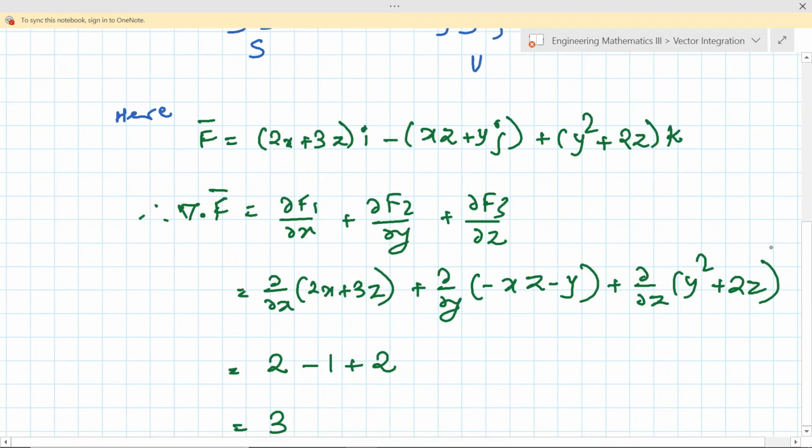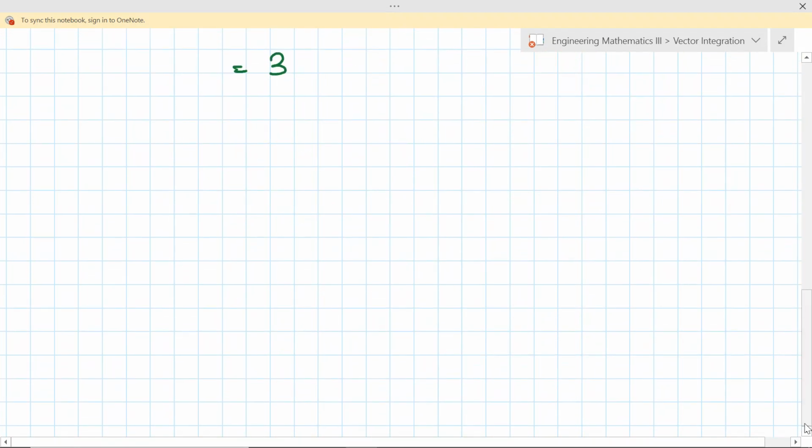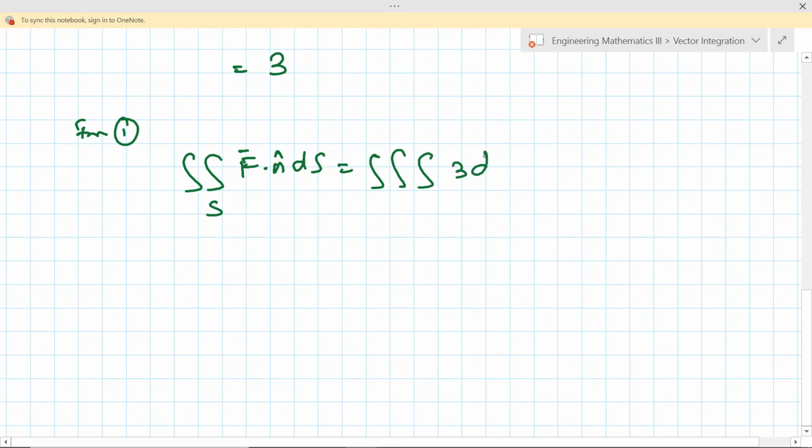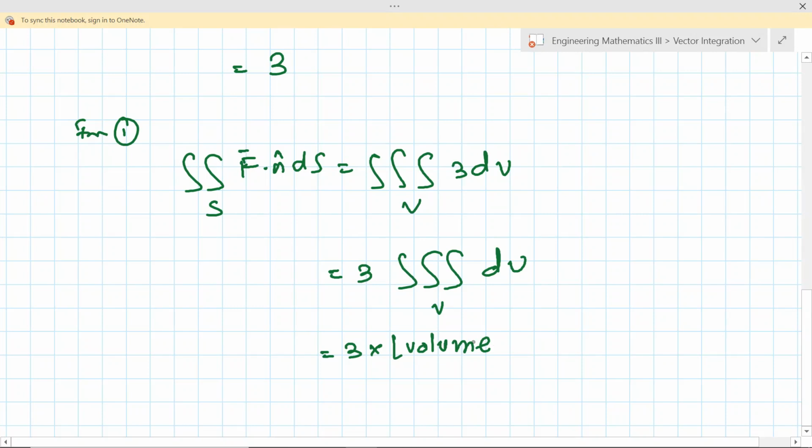Put these values in equation number 1. This is very simple. From 1, the surface integral of f bar dot n cap ds over S is equal to the volume integral of 3 dv over V. Take 3 outside, and the triple integral of dv over V is the volume of the sphere x square plus y square plus z square equal to 9.